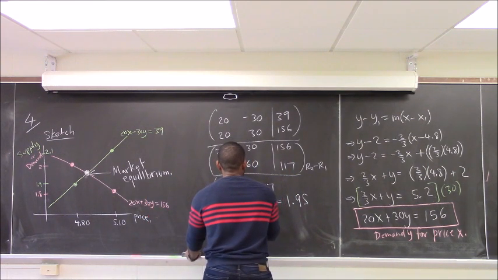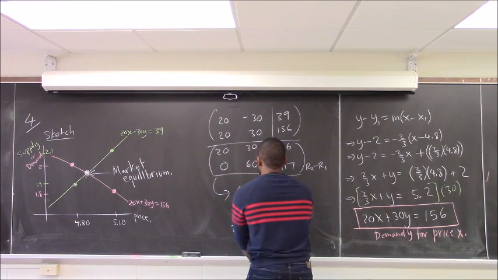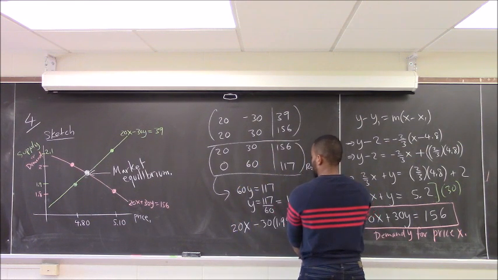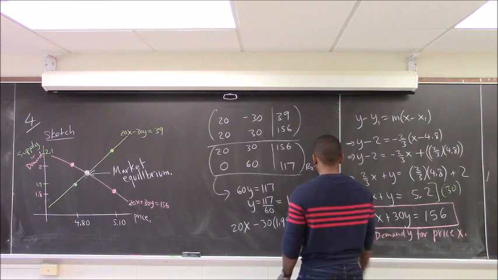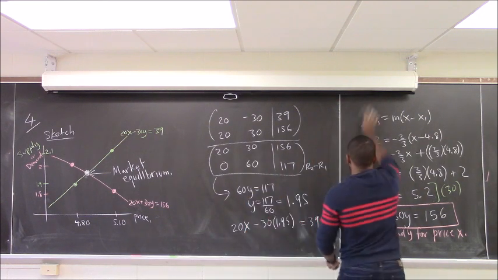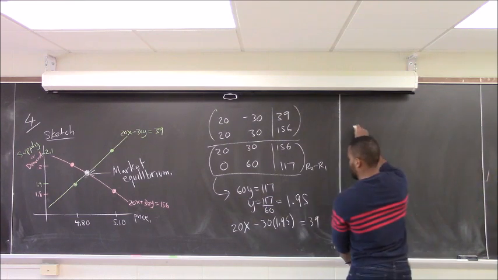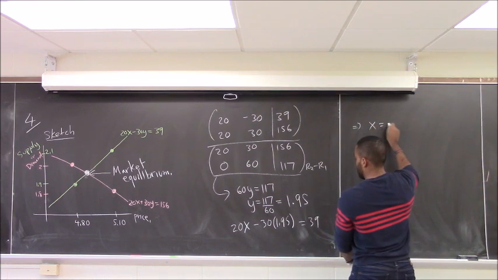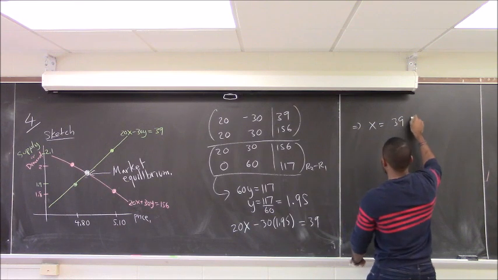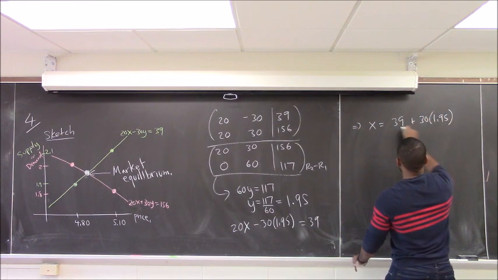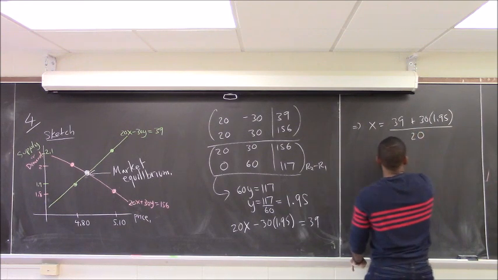And so for the x, I would have 20 times x minus 30 times 1.95 equals 39, and from that I can solve for x. So my x is going to be 39 plus 30 times 1.95, all over 20.